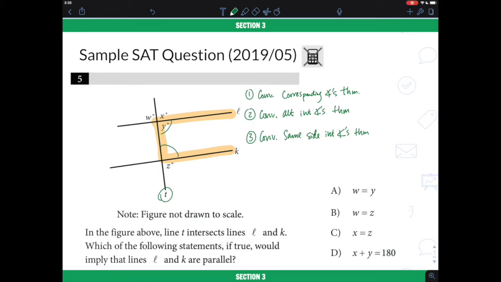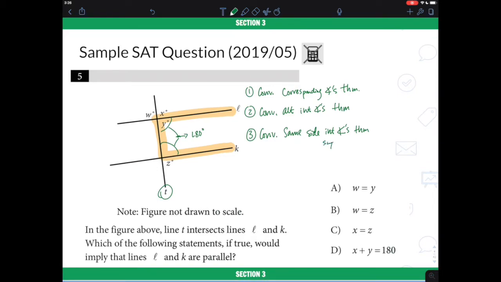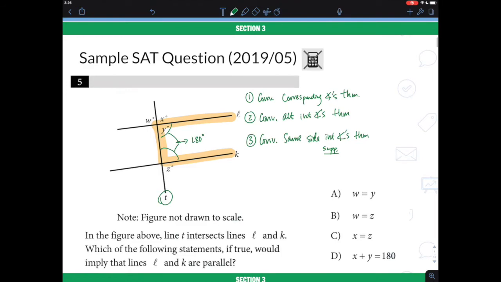They should add up to 180. These two together would give you 180 degrees. So the same side interior angles theorem says they would be supplementary to each other. Again, we really don't have angles that would add up to 180.